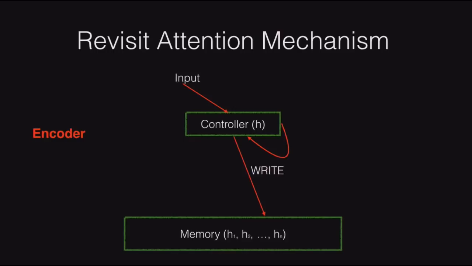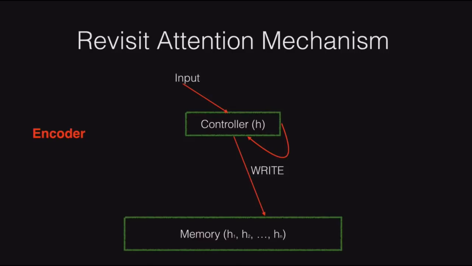Let's think about the attention. It looks like this. In the encoder, you look at some input, and then you have a controller, which is your H variable, and you keep updating your H variable. But along the side, you write into memory your H1, H2, H3, and so on. You store it into a memory.